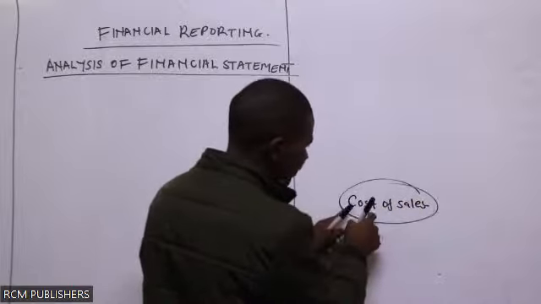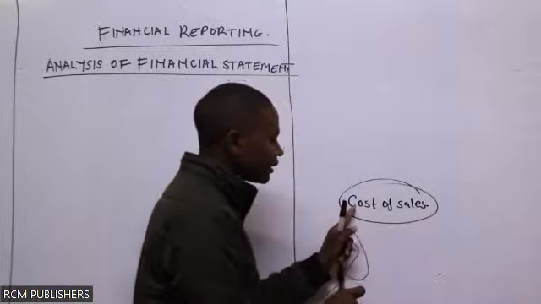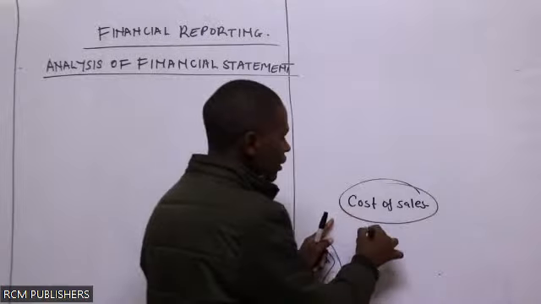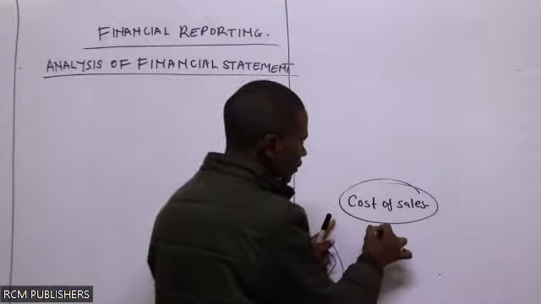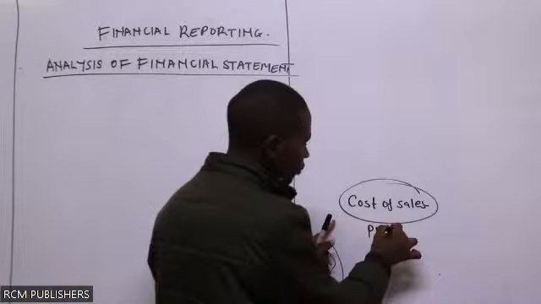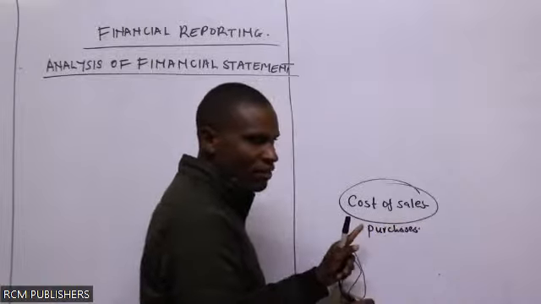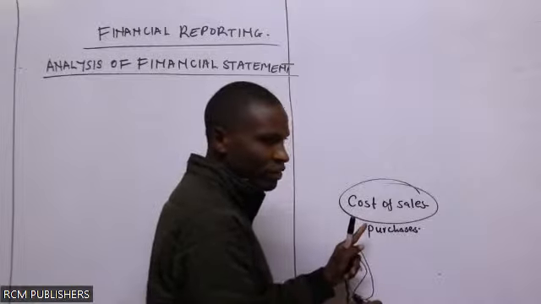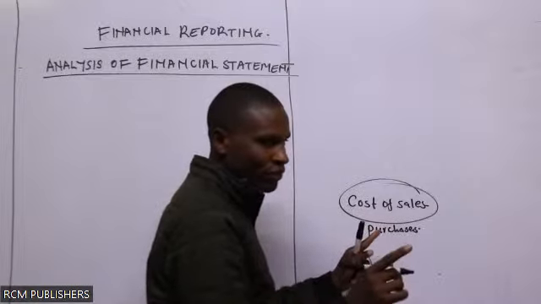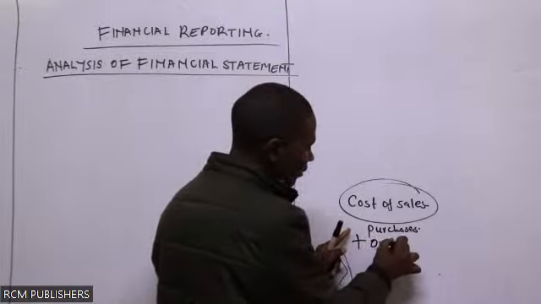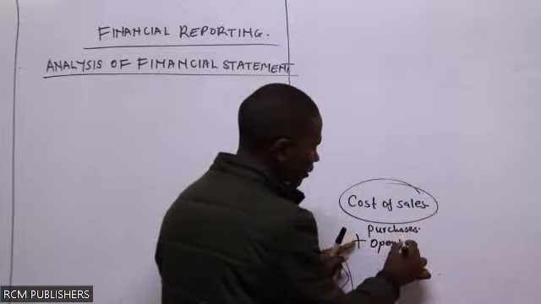Of course, purchases is found in here, whereby we take our purchases, we add opening inventory, right? We add opening inventory to get our cost of sale. I want you people to be very ripe on this.